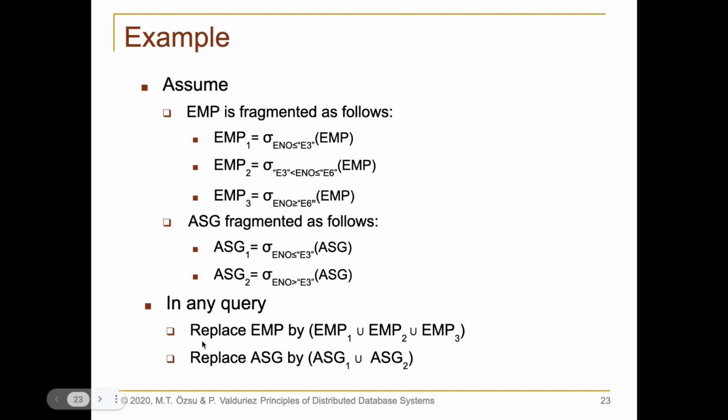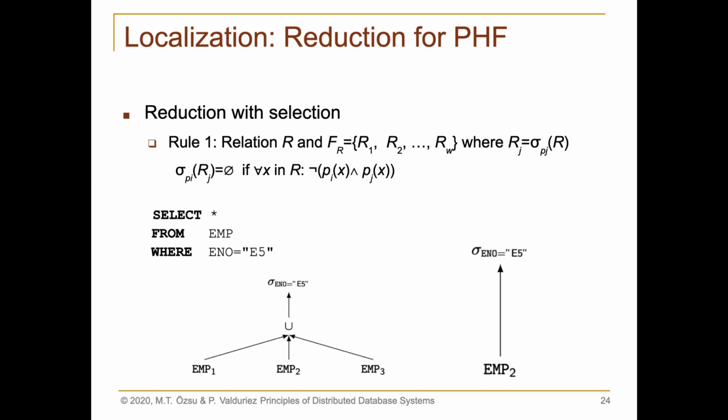Then in the step of data localization, any query accessing employee will access the union of employee 1, employee 2, and employee 3. And any query accessing assignment will be managed to access the union of assignment 1 and assignment 2. You can further reduce the size of fragments during the localization phase of distributed query processing.